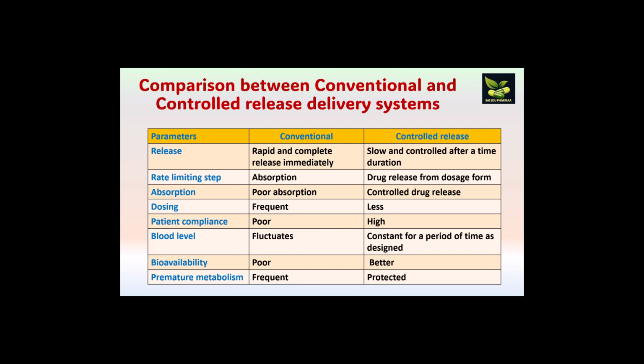Because of the frequency, the patient compliance is poor in conventional, but in control it is high. And bioavailability is also poor, but in control it is better. Premature metabolism is frequent in conventional, and in control it is protected. And when we see the blood level, then in conventional the level fluctuates, but in controlled release we can achieve constant or steady state for a period of time as we design the system.